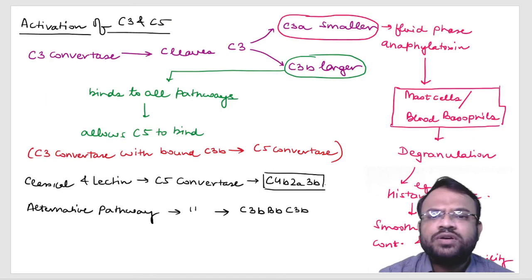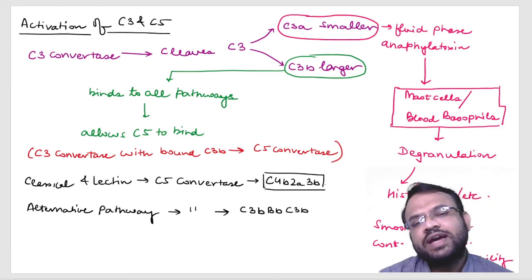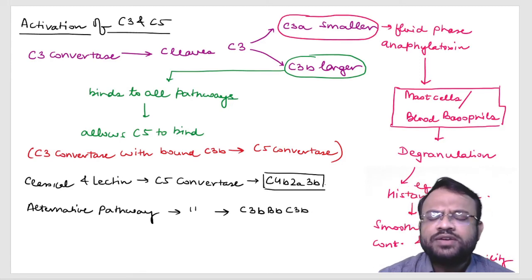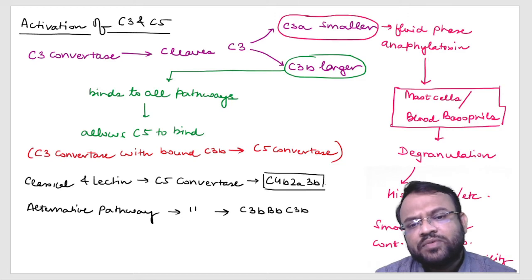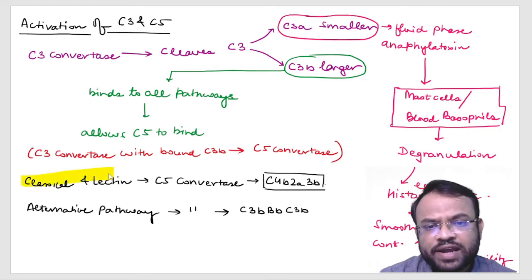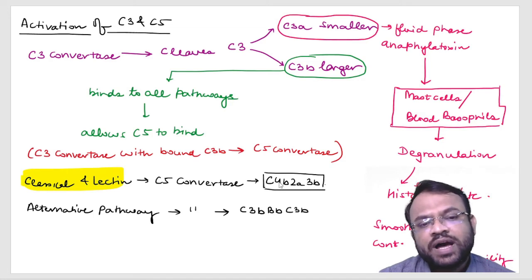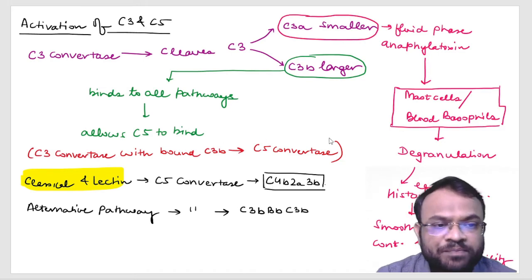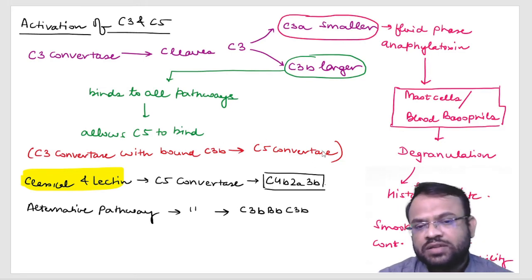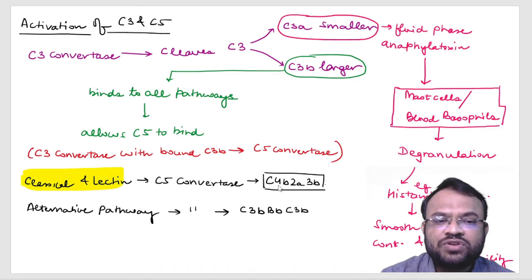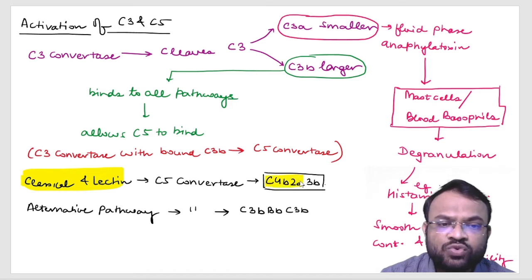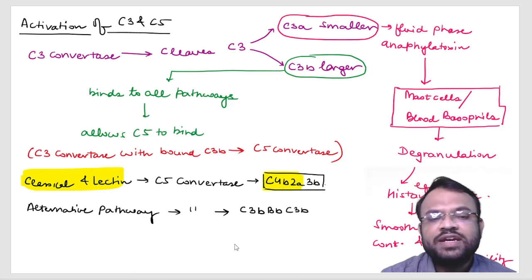Let us move on to the activation of C3 and C5. If you remember, what did we study in the classical and lectin pathways? We ended the classical and lectin pathways with the formation of C4b2a, and we said that this C4b2a serves as C3 convertase.